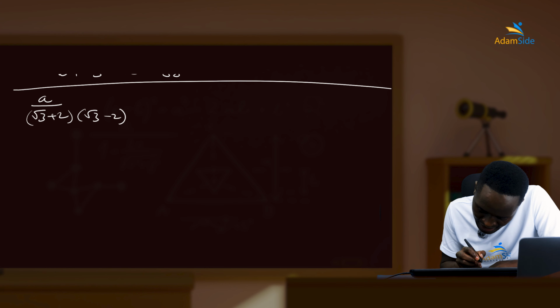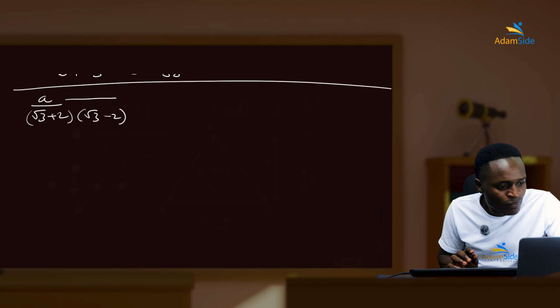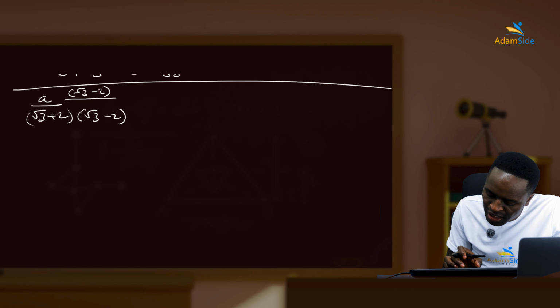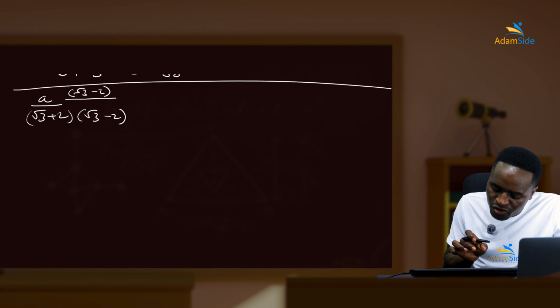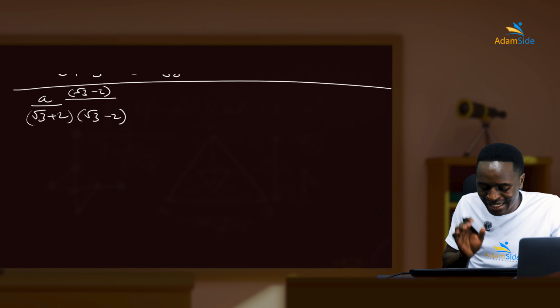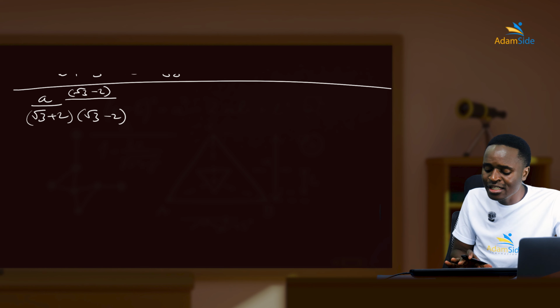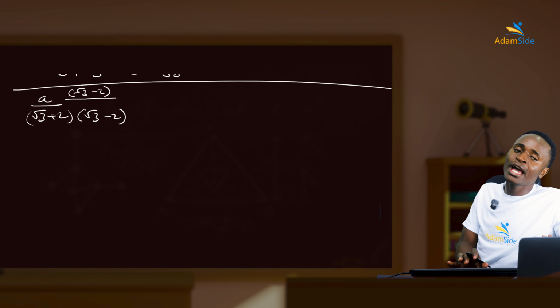In surds, to rationalize means you have to get the conjugate and multiply with the respective conjugate in the denominator and numerator. Remember, when you are rationalizing a surd, you are simplifying. Your idea is to get rid of the square root sign from the denominator.